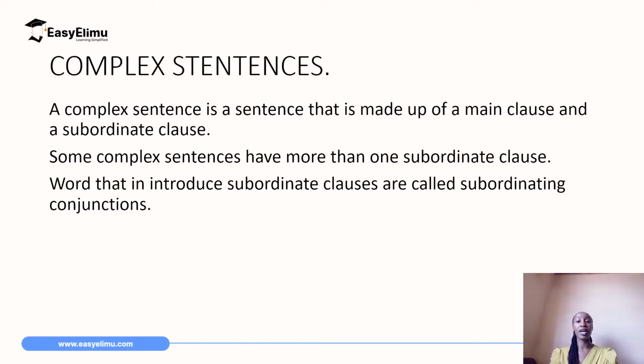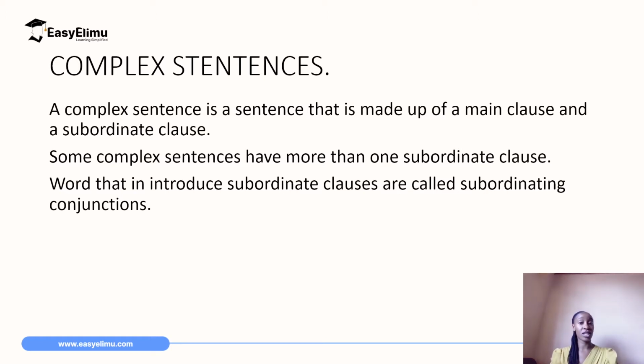So you may be asking yourself, what is a complex sentence? A complex sentence is a sentence that is made up of a main clause and a subordinate clause.